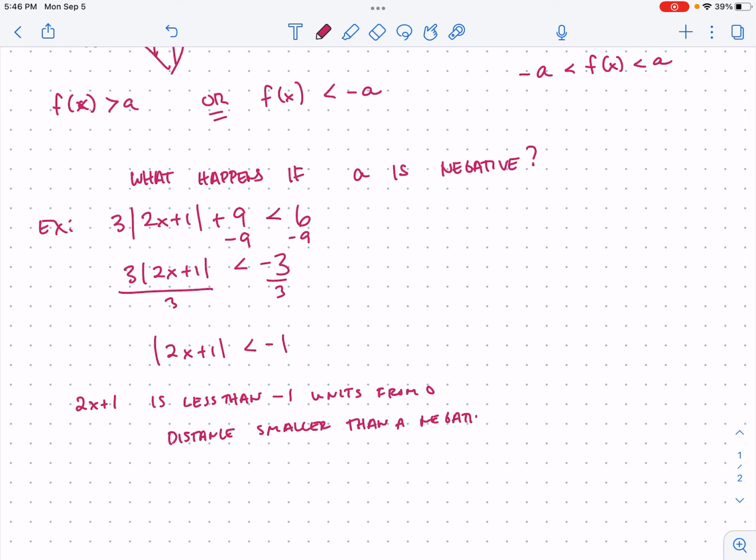We already said distance can't be negative, so this is problematic. This is not a good thing. We cannot have a distance less than negative 1 because distance has to be 0 or bigger. That's what it means to talk about distance, and therefore that's what it means to talk about absolute value.